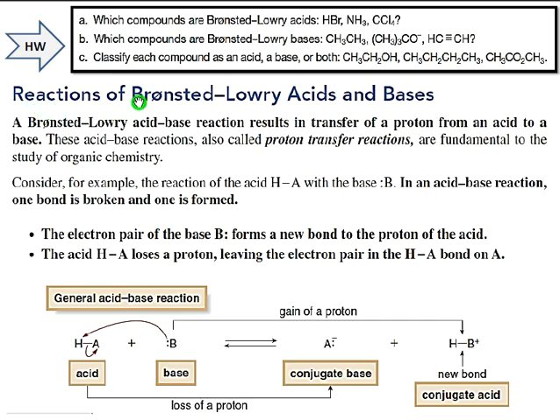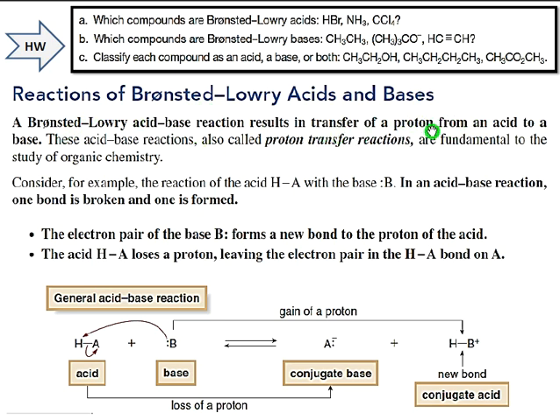Reaction of Bronsted-Lowry acid and base. A Bronsted-Lowry acid-base reaction results in the transfer of a proton. That means some compound gives a proton, and from the other side, some material accepts the proton, from an acid to a base.